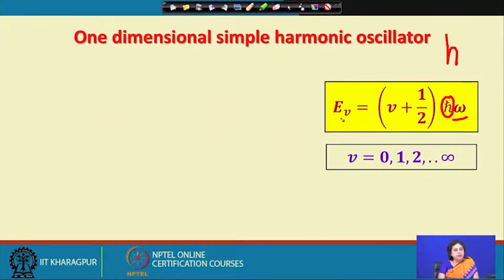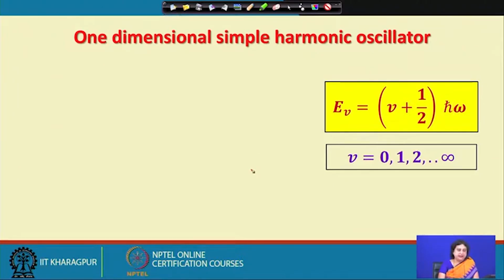So, here different possible values of E vary from each other in terms of this quantum number V. So, the question is, what are the different values of V that quantum mechanics allows? It is possible to show that we can take up values from 0, 1, 2 and so on and so forth up to infinity.